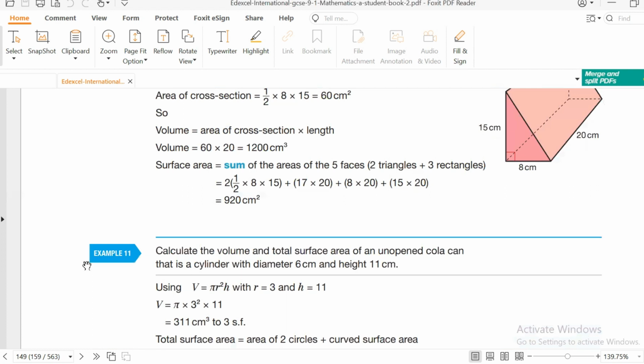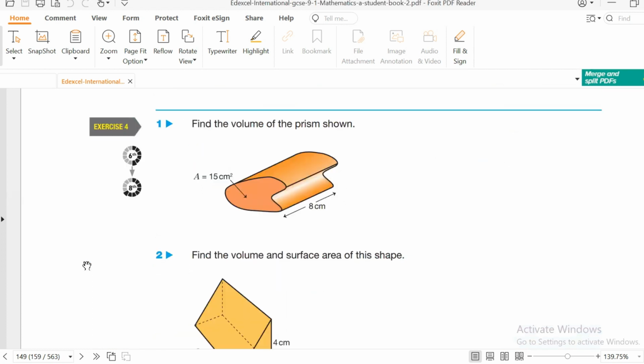Question number 1. Find the volume of the prism. In this case, for the following prism, we know the area of cross section. It is given A is equal to 15 centimeter squared, and we know the length as well. Length is equal to 8 centimeters. So straight away we will apply the formula.